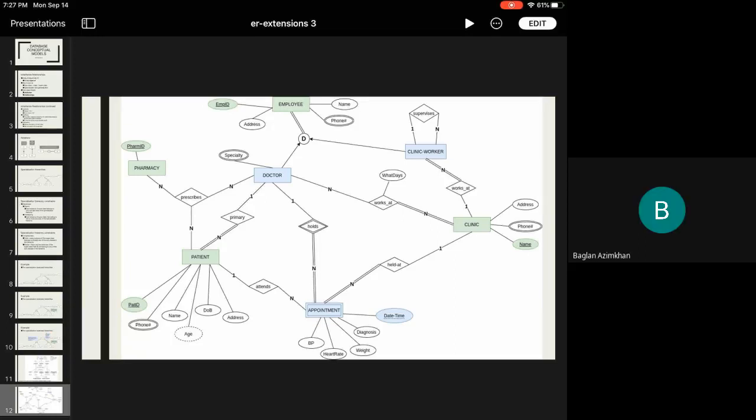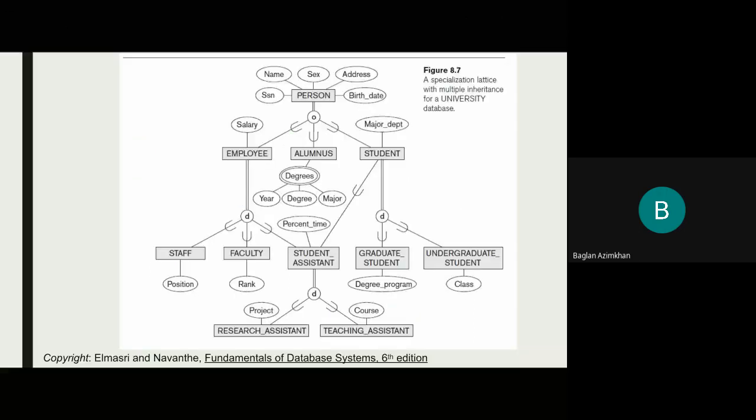I have a question. I didn't understand what is disjoint and overlapping. It means that an instance can be at the same time inherit from multiple entities?